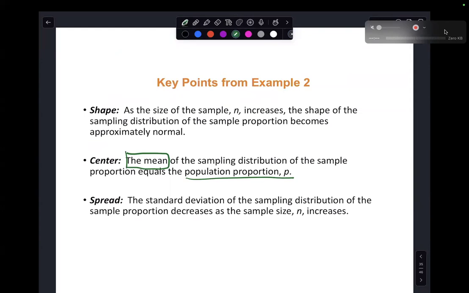So in these calculations, the mean of p hat is going to equal p, our population proportion. The standard deviation: as the sample size got bigger, my standard deviation got smaller. So the standard deviation gets smaller as the sample size increases.